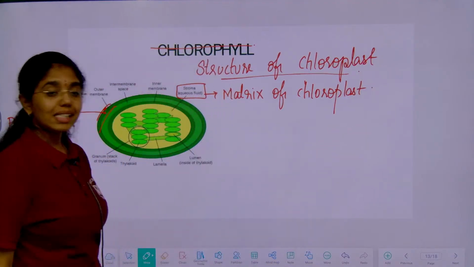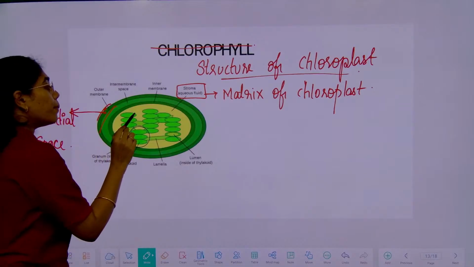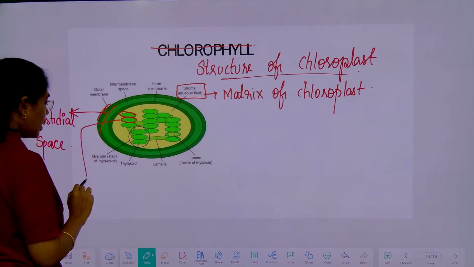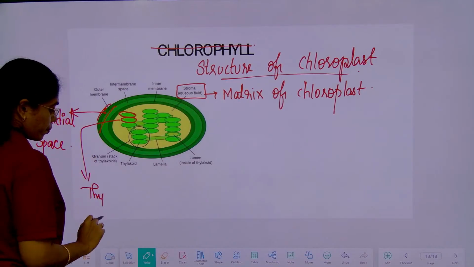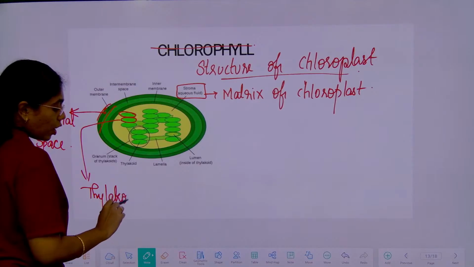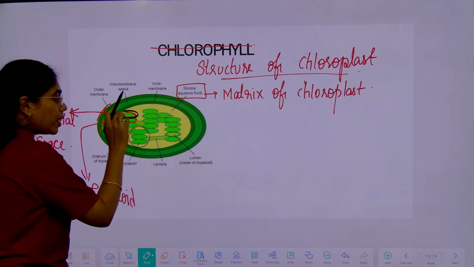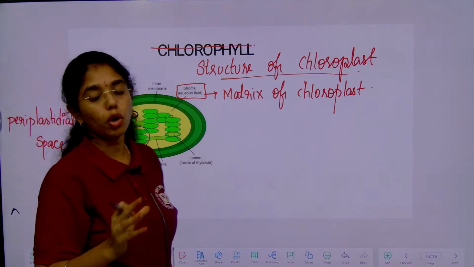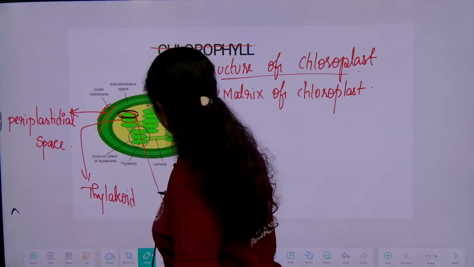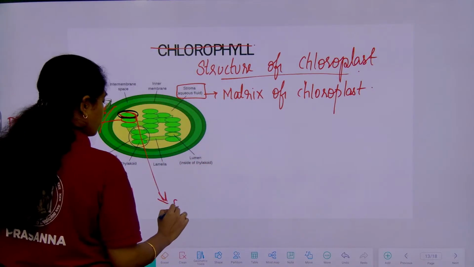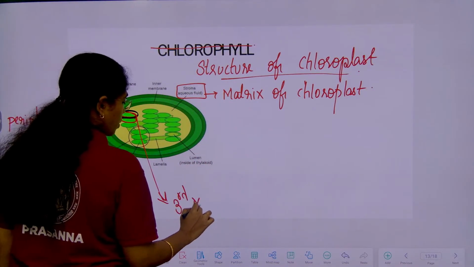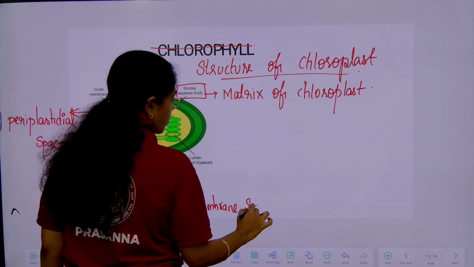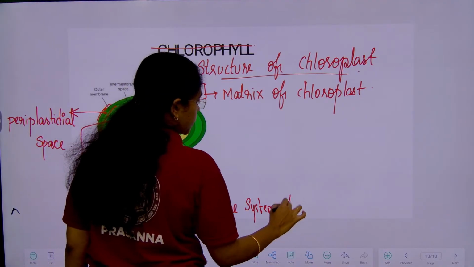And then inside the chloroplast there are some membranous sac-like structures. These membranous sac-like structures are called what? Thylakoids. Thylakoid also possesses a membrane over it, that is also referred to as the third membrane system of chloroplast.